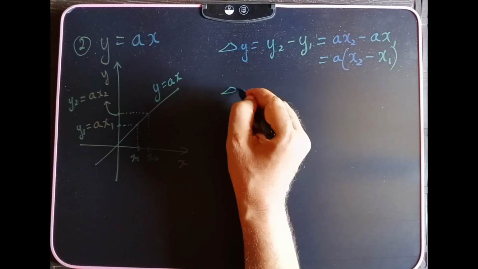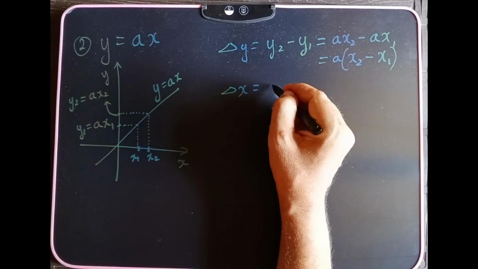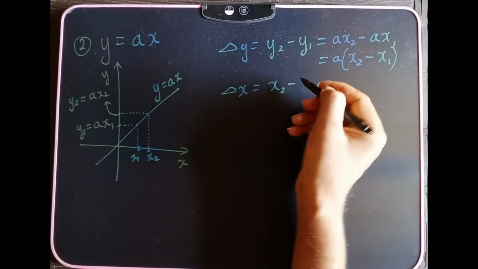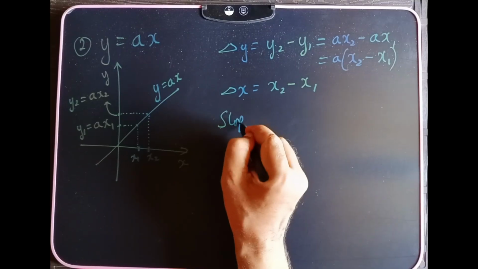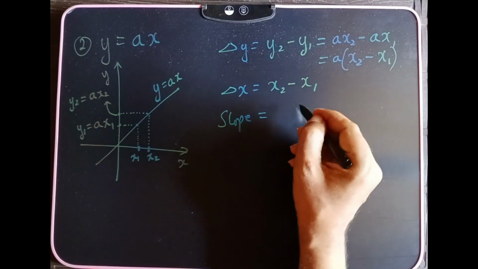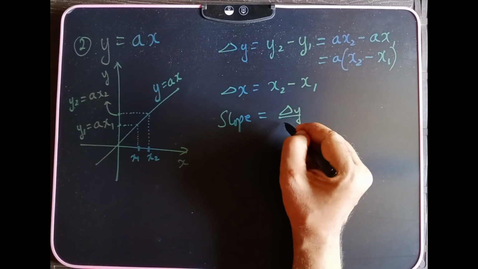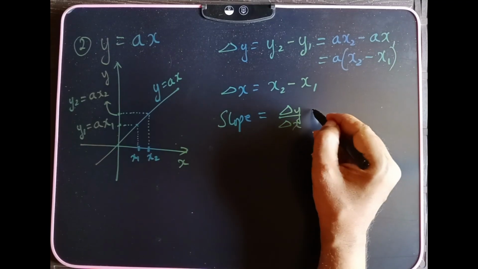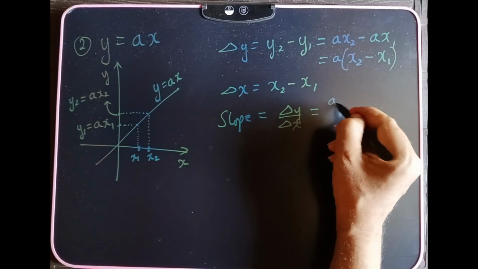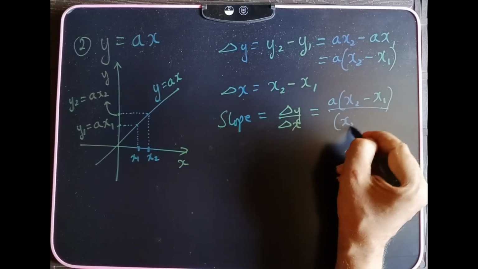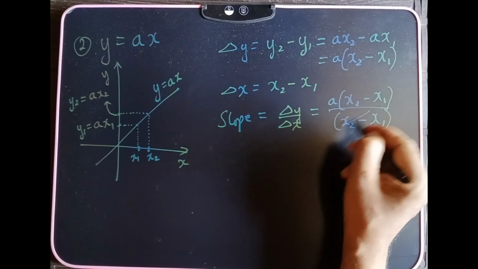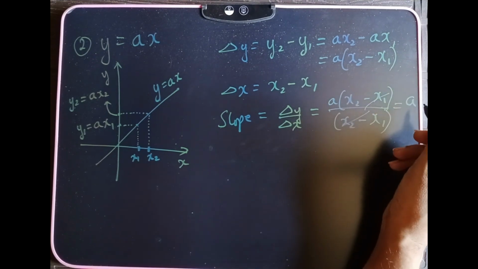Delta x is x2 minus x1. So now what is the slope? Slope of this graph is delta y by delta x, which is a times x2 minus x1 divided by x2 minus x1. So this will cancel, and you will get a.